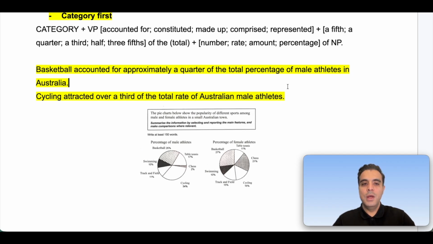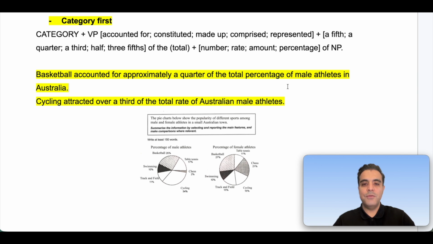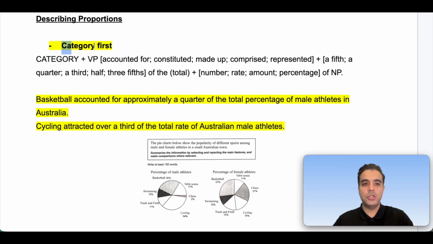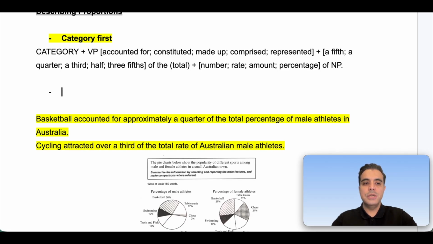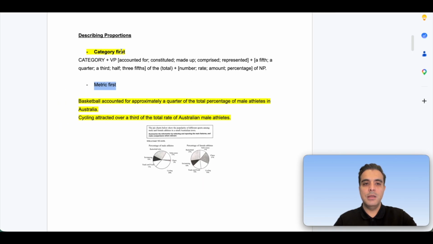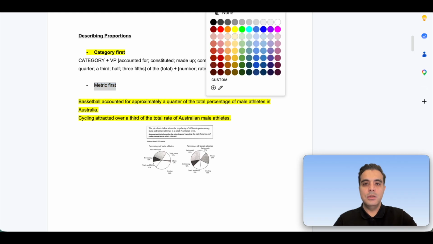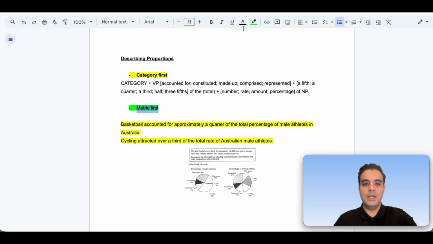Okay, so I hope that these two examples have shown you how you can use the category first structure to describe proportions for discrete charts. Now, I already mentioned that we also have another structure, which is called the metric first structure. And I'm going to follow my tradition of highlighting these structures and use the color green here.